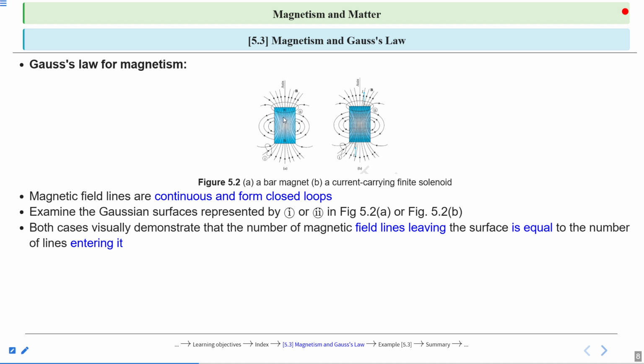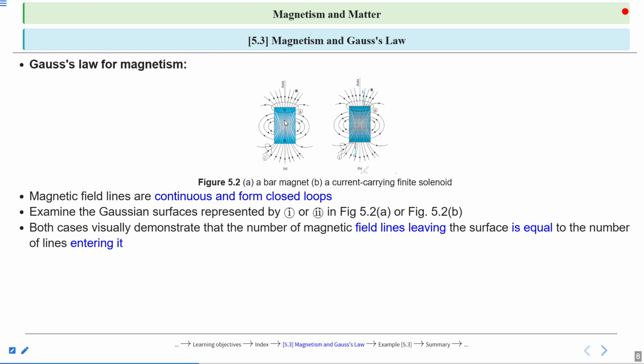But in electrostatics, in electric flux, there was a positive charge. Isolated charges exist, and due to that positive charge, only outward electric field lines were there. But for this North Pole, because magnetic field lines are closed loops, they are not originating from the North Pole. They have no sources and sinks.